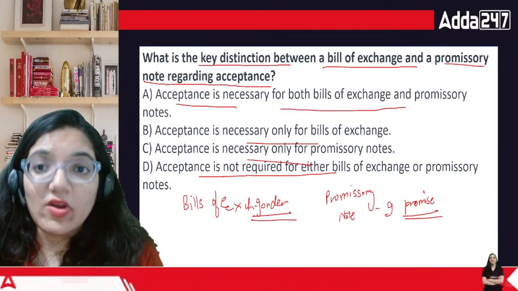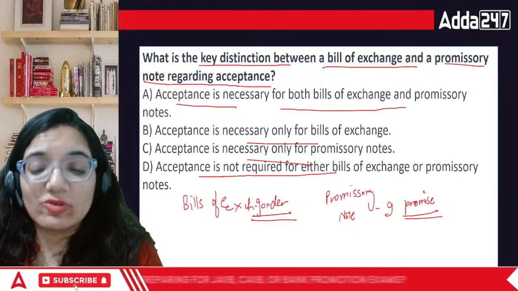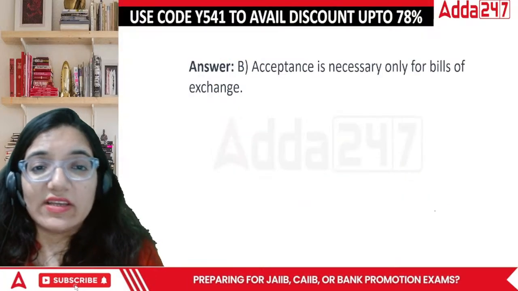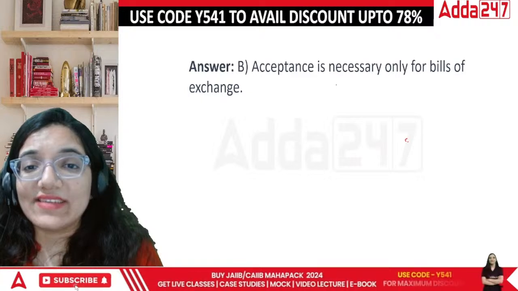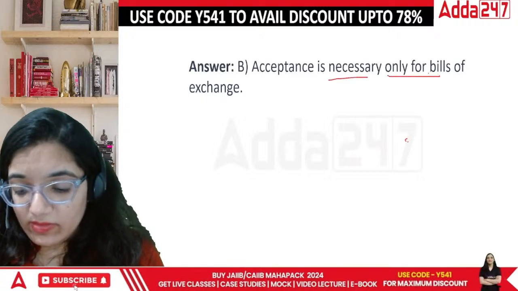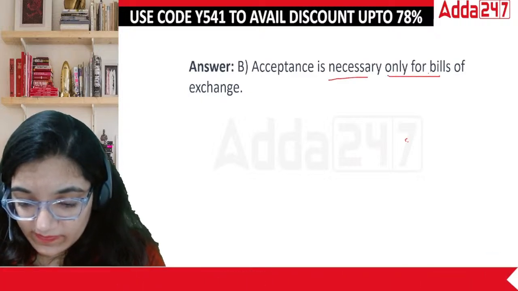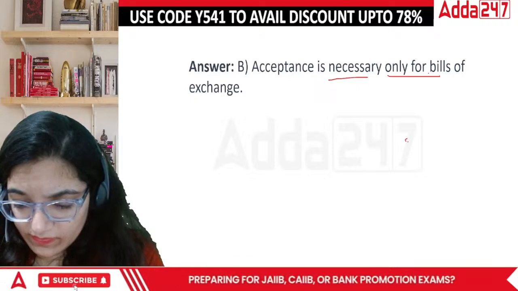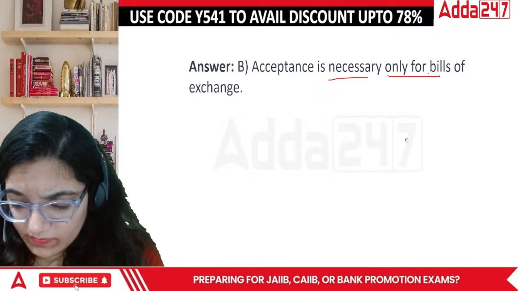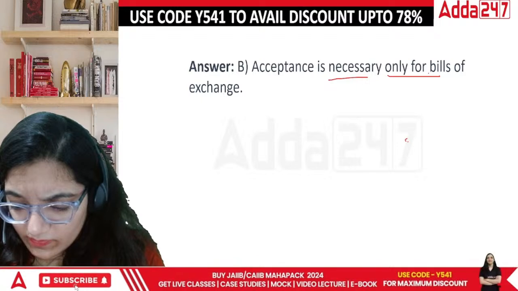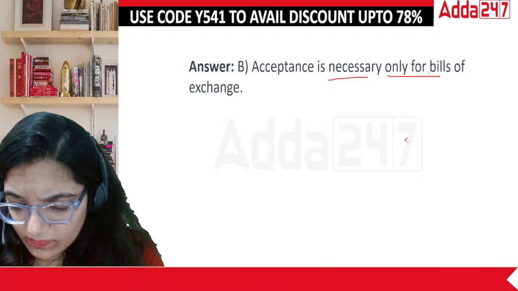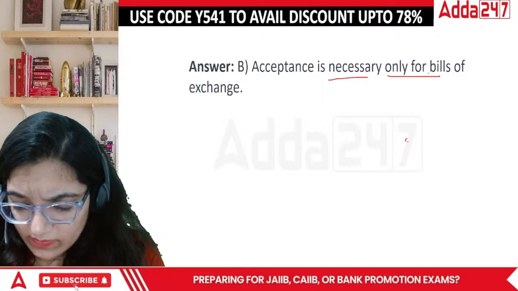I am ordering you, and you have to accept the order. Only then can the execution of the order be done. So technically, acceptance is necessary only for the bills of exchange. Done?